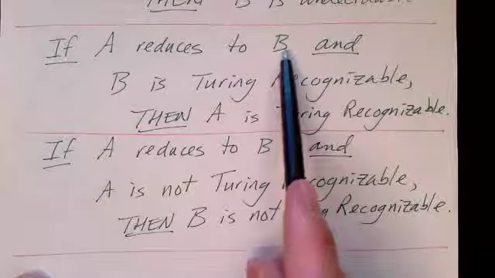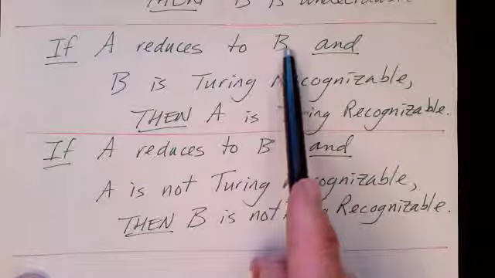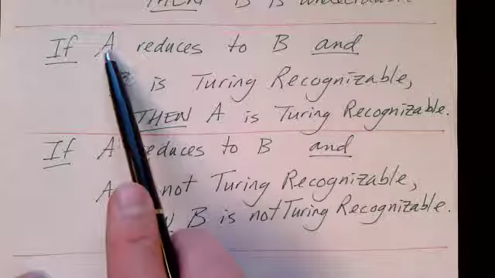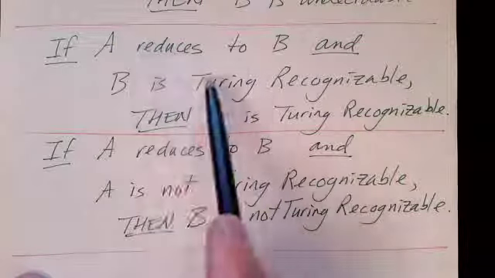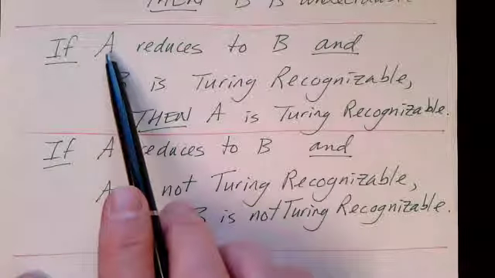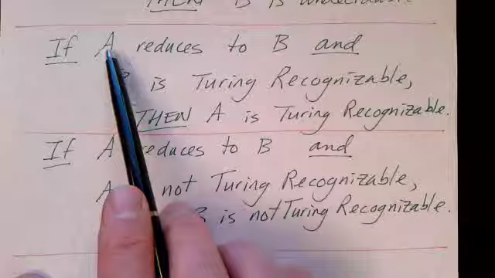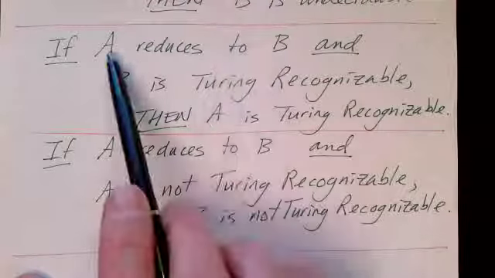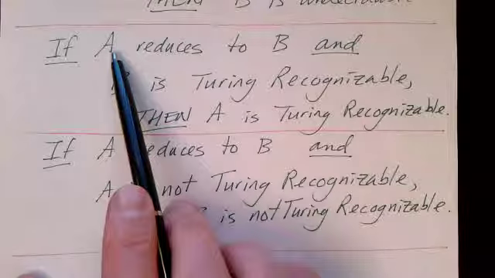If B is Turing recognizable and the element is in B, then our algorithm will eventually accept it and we'll know that yes, it was in A. So in that way we can show how to recognize an element that's in A. And so if B is Turing recognizable and there's a reduction from A to B, then A is Turing recognizable.